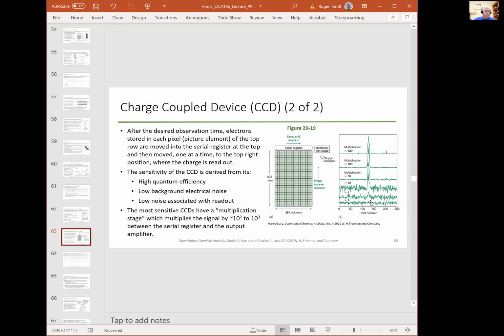The square root of 1 is 1, so the signal to noise ratio on this row is 1. There's 1 additional count for every dark count. Then as we go up to 5, we count 5 times, and so now there will be 5 background counts.